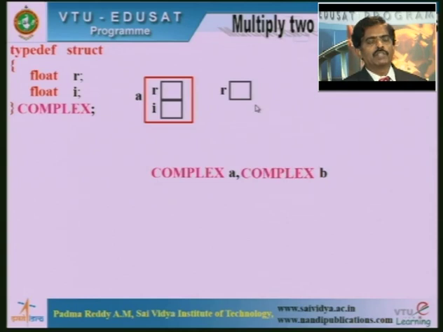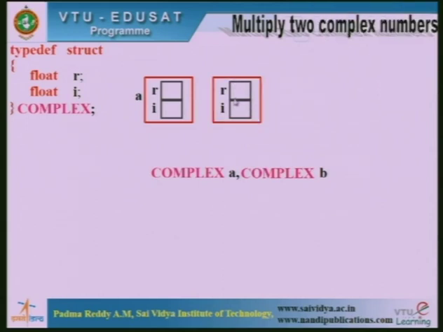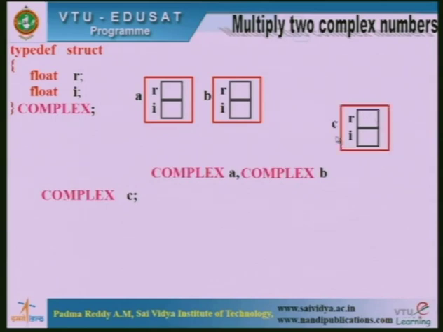Memory will be allocated for the real part and the imaginary part, and these two fields can be accessed using the common variable, what? The common variable B. Next, if I write complex C, again real part and imaginary part memory will be allocated, and these two locations are identified by the variable what? C.